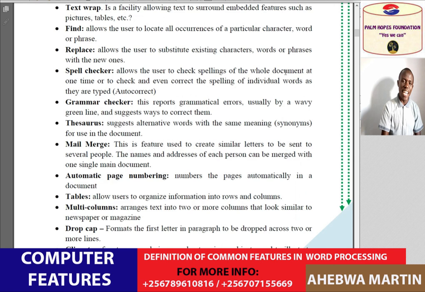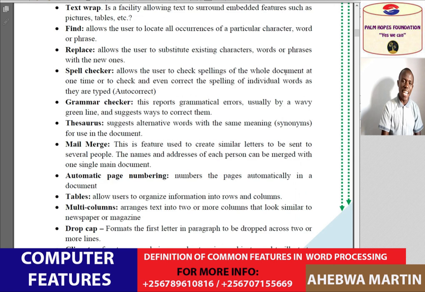Grammar checker reports grammatical errors, usually by a wavy green line, and suggests ways to correct them. So the spell checker uses a red line, but the grammar checker uses a green line. So every time you are typing anything in Microsoft Word and you find it underlined with red, it means that the spellings are wrong.